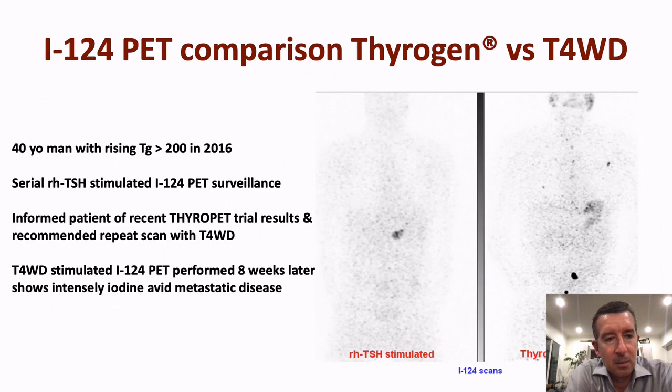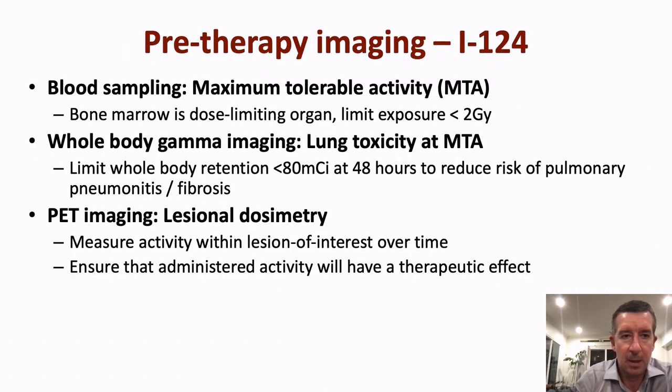And with awareness of that recently published study showing the limitation of thyrogen-stimulated studies, I told him that scan was really suboptimal, and I recommended he come back for a PET scan with thyroxine withdrawal. And as you can see here, when he did so, the images showed multiple intensely avid metastases and clearly, in this case, demonstrated the superiority of using thyroxine withdrawal.